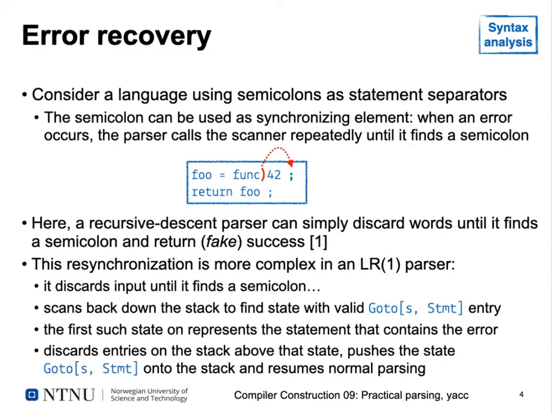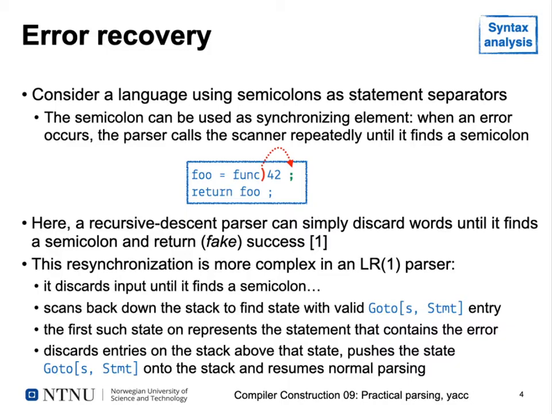So consider a language that is using semicolons as statement separators, which is pretty common. If you have something like this, you can imagine that a semicolon doesn't happen very accidentally. So you could try to use the occurrence of a semicolon to indicate, oh yeah, we could set up our parser again after this semicolon, because maybe it was just this one line of code from the start of the line to the semicolon that had an error, and then we can still continue parsing.